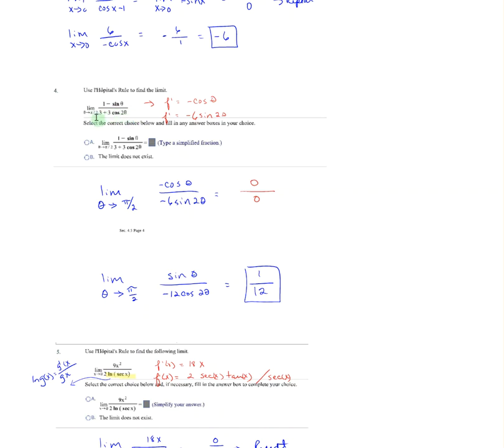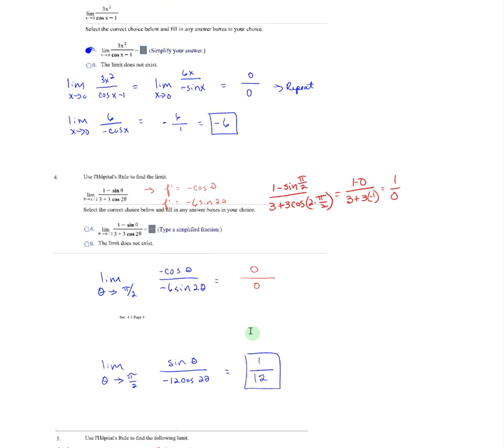If you put pi over 2 here for theta, 2 times pi over 2 is pi, and the cosine of pi is negative 1, but the sine of pi over 2 is 0. Let's see what we got here.